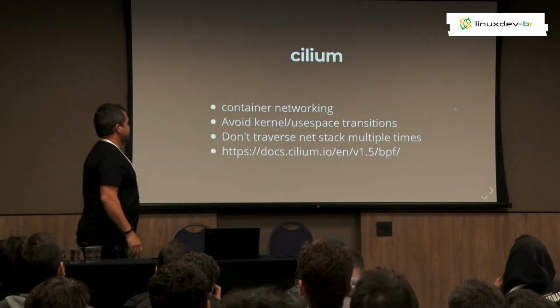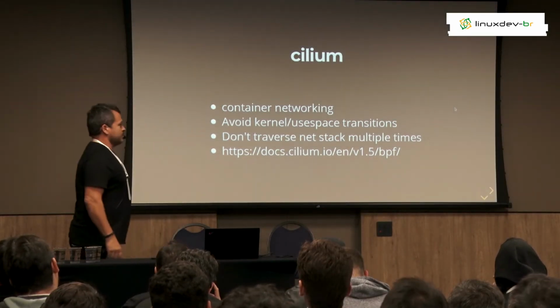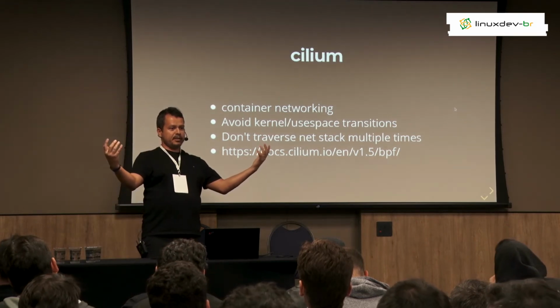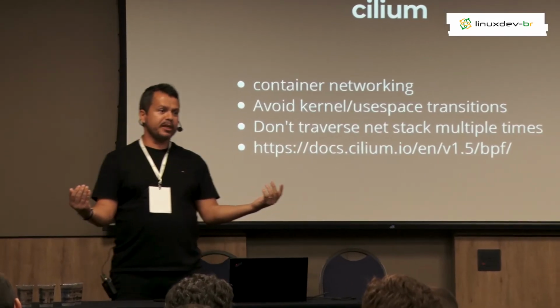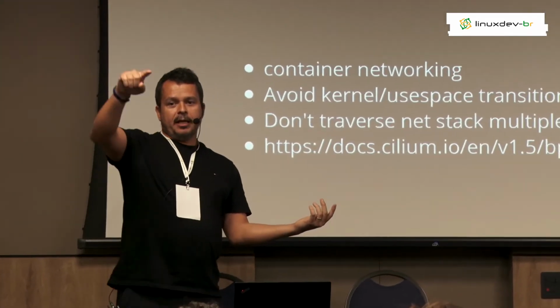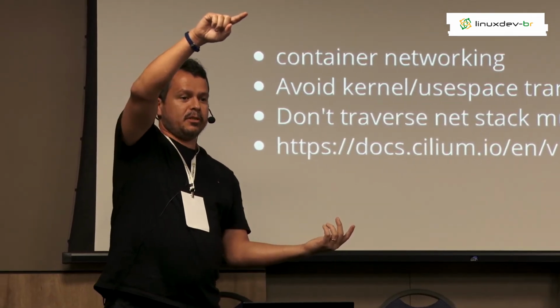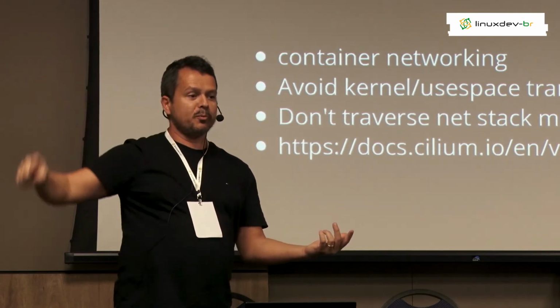Cilium is another case, which is for container networking. So you have lots of containers in the machine, and they use TCP/IP to communicate. So you get into the kernel, go up the stack, get to another container, go back down the stack, and so you have to traverse the stack multiple times.